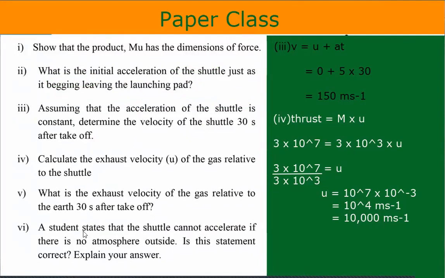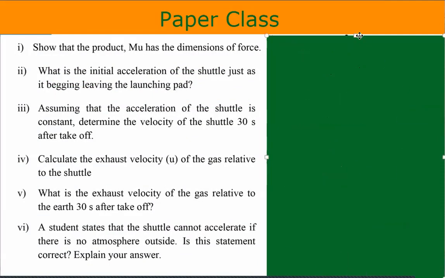Calculate the exhaust velocity relative to the shuttle? What is the exhaust velocity of the gas relative to the earth? So what are the two differences here? Can you see small differences in Roman number 4 and 5?